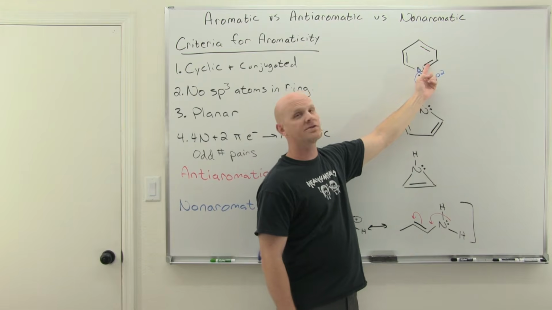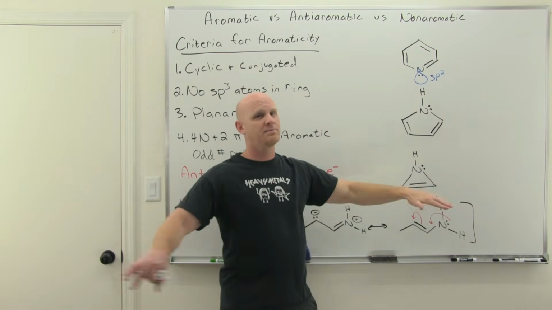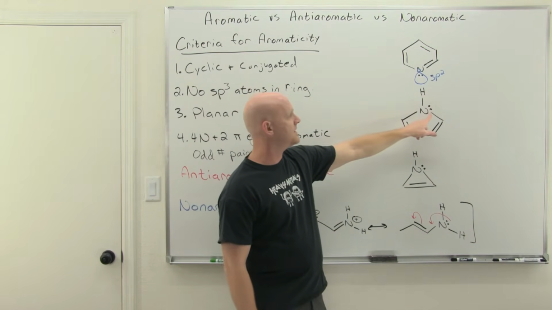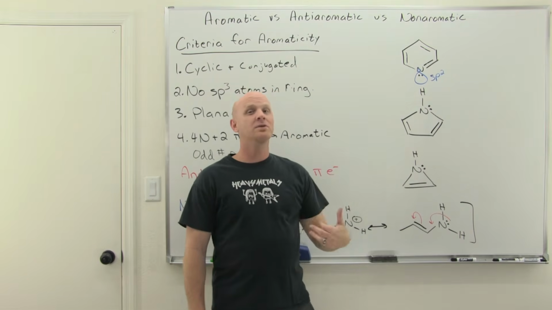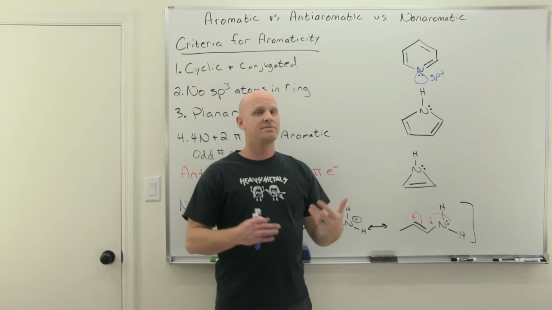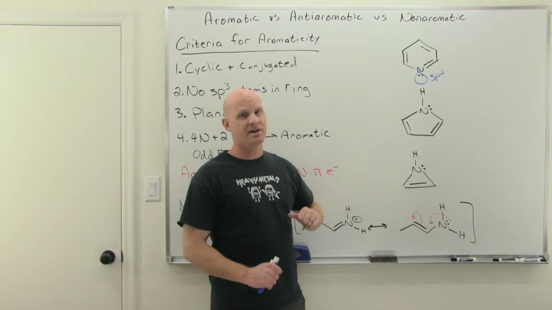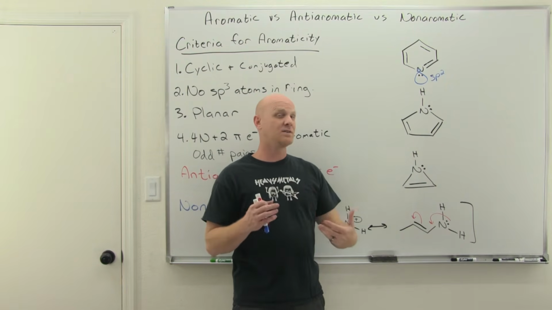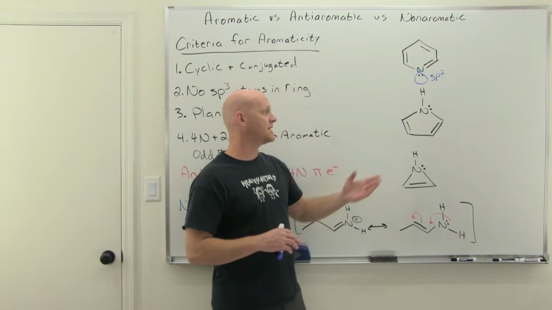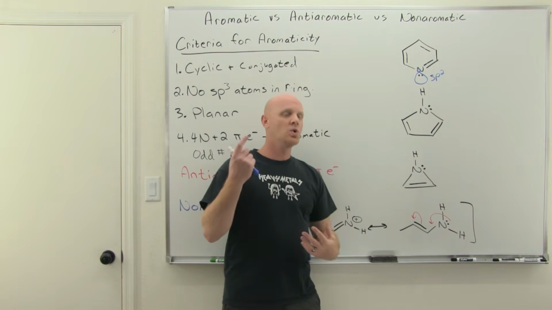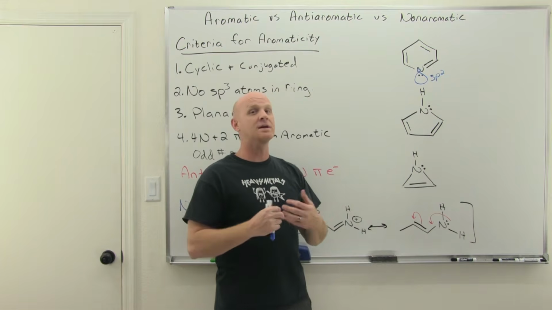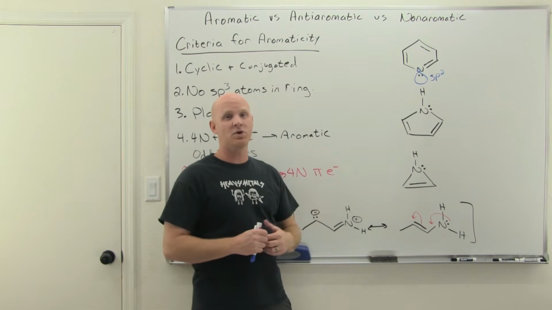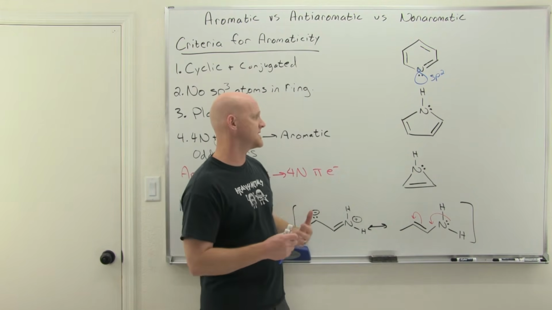That's where its pi electrons are, which means the lone pair is not part of the pi system. But here it's got a lone pair, and that lone pair could be part of the pi system. Now, if you have multiple lone pairs, and nitrogen doesn't here, only one of them has a chance of being in one of these parallel p orbitals. Even if we had an oxygen here with two lone pairs, only one of those lone pairs could be part of the parallel system of p orbitals and part of the pi system.